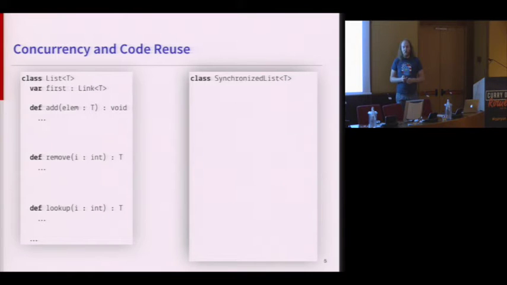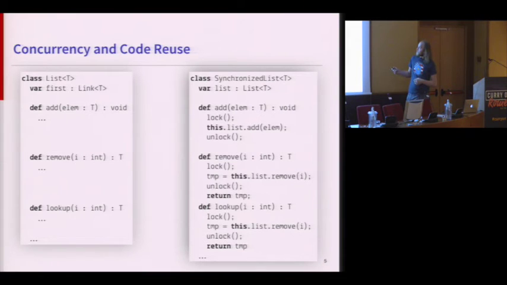Finally, let's look at a software engineering point of view. So if we have a list that works in a sequential setting and we want to make something that is thread safe, one approach is to take this list and wrap it in some other class that just uses this list but wraps the access in locks.